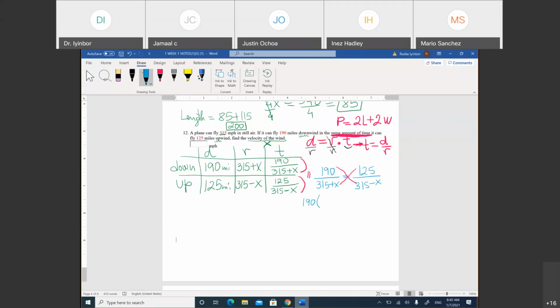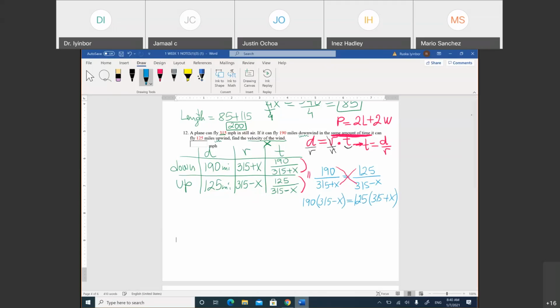Yes, that's exactly what I'm doing. Butterfly method, yes, that's correct. Some people call it the butterfly method. So multiply 190 times 350 minus x equals 125 times 350 plus x.